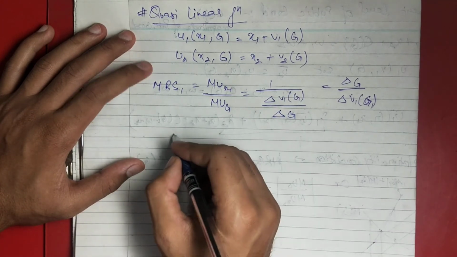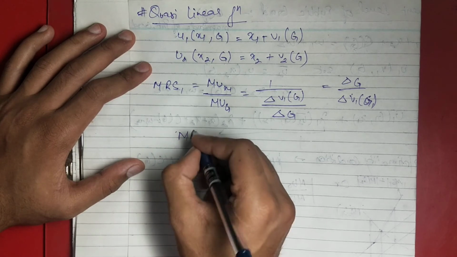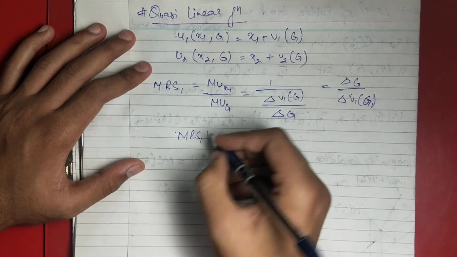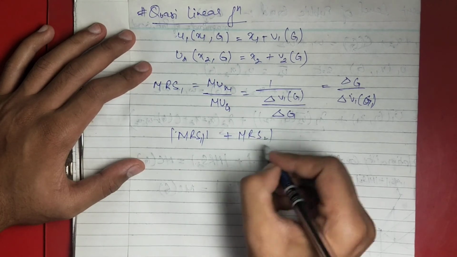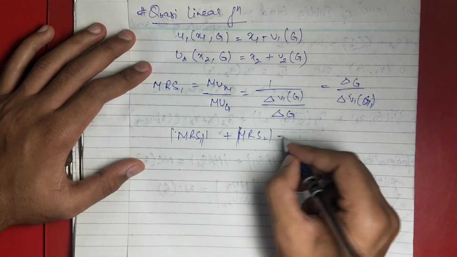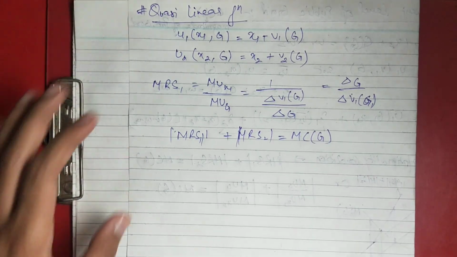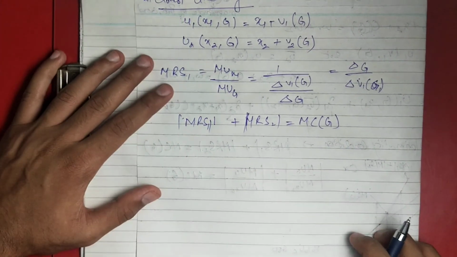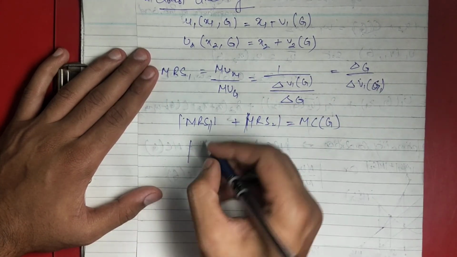Also, if you want to see it from the optimality condition, the optimality condition is MRS1 plus MRS2 is equal to MC of G, right? Now you will substitute the value of MRS. What is your MRS1?